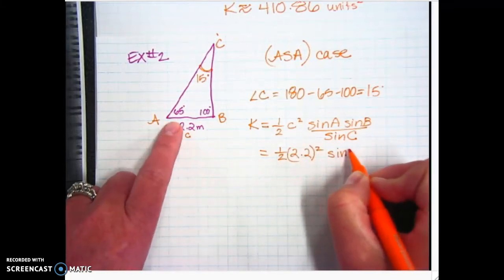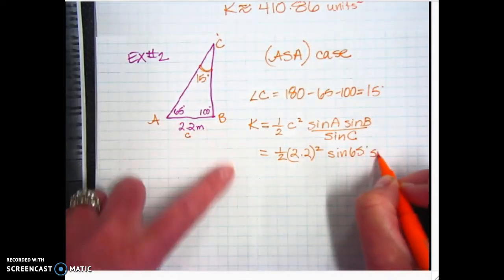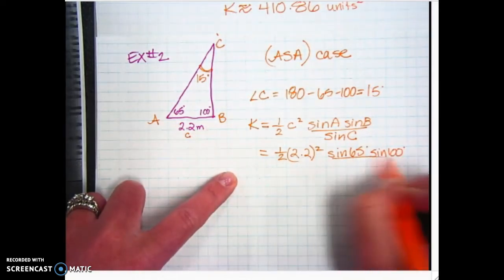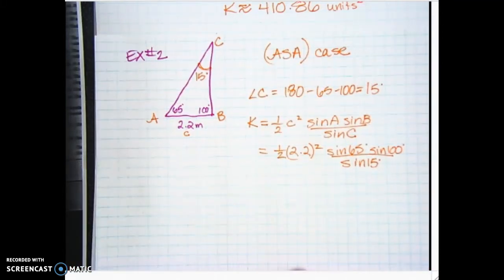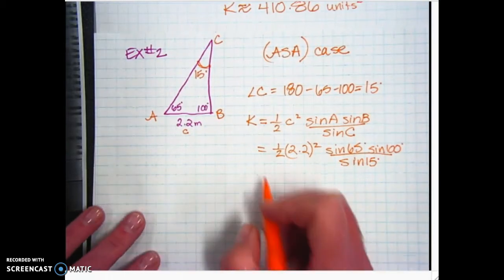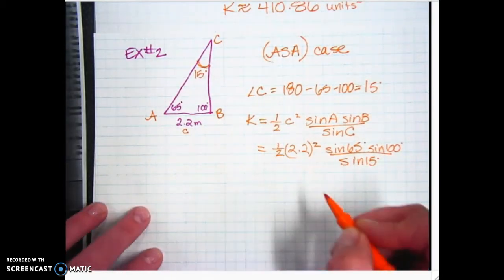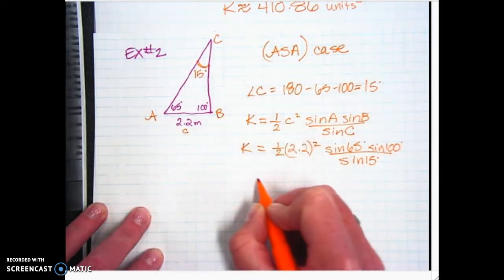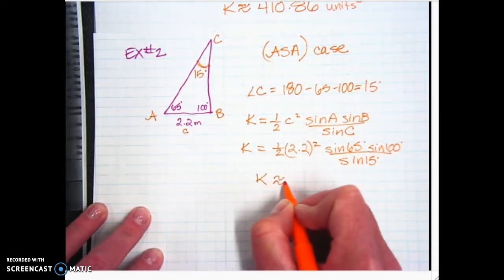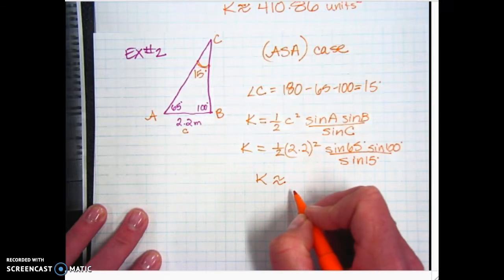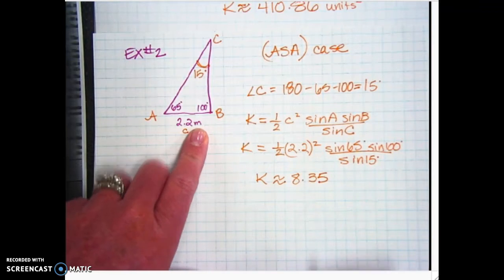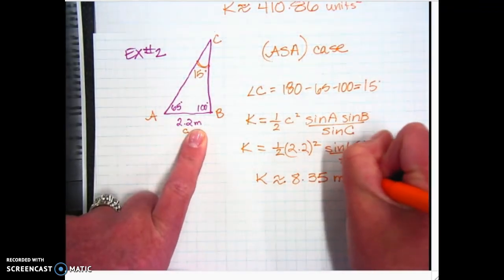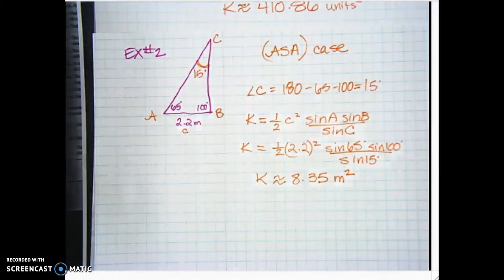Sine of 65. Sine of 100. Over sine of 15. Punch it in the calculator. So K is roughly equal to 8.35. This one had units, so we'll call it meters squared. Anybody want to see that one typed in the calculator?